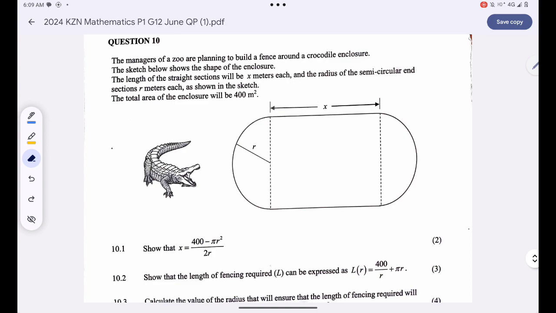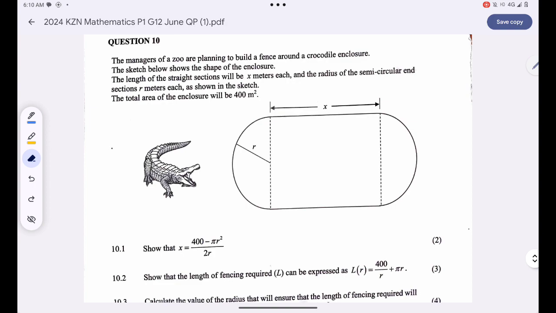Okay. The managers of a zoo are planning to build a fence around a crocodile enclosure. The sketch below shows the shape of the enclosure. The length of the straight section will be x meters each, and the radius of the semicircular end sections will just be r meters each, as shown in the sketch below.